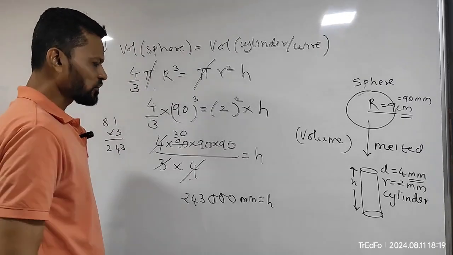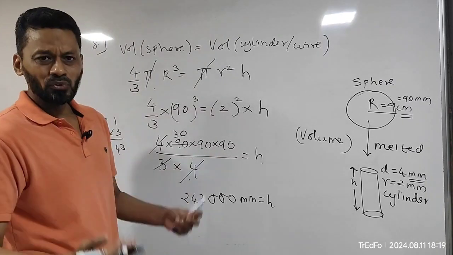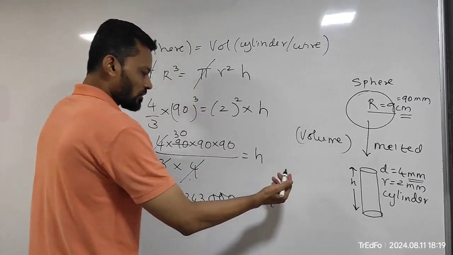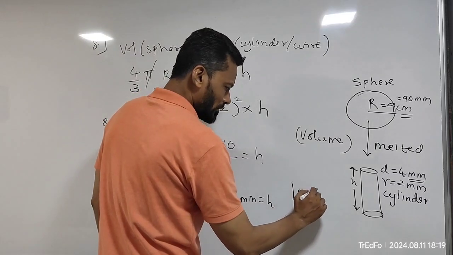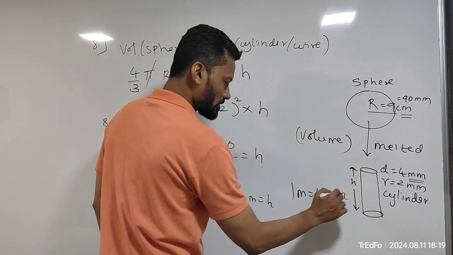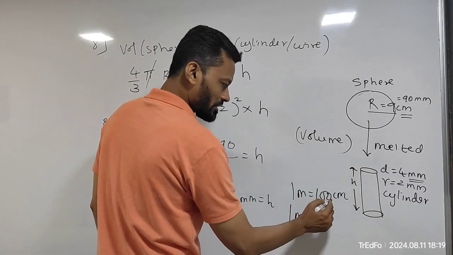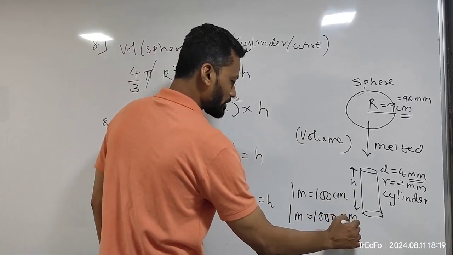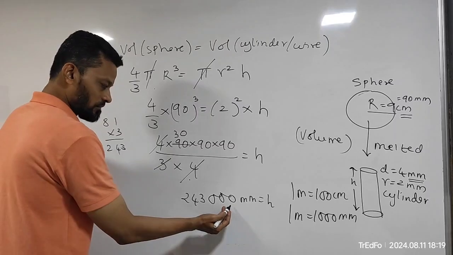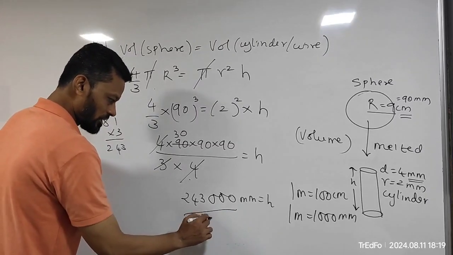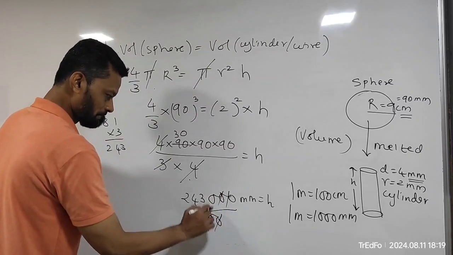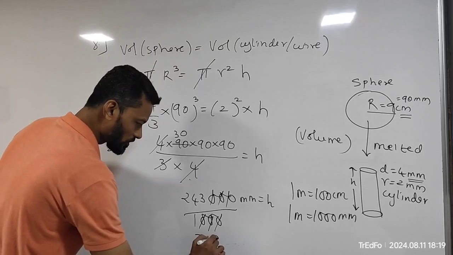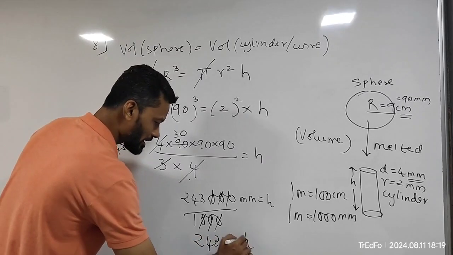You can leave it in the form of millimeter, or it's better to leave it in meter. For the conversion, 1 meter has 100 centimeter, so multiply by one more 0 and it becomes millimeter. That means if we divide it by 1000, we get 24.3 meter as the height.